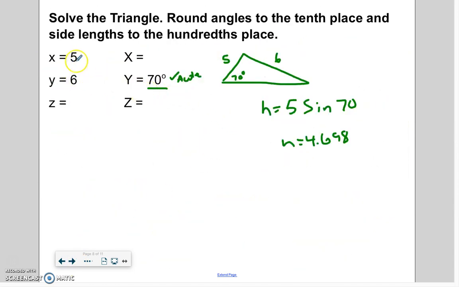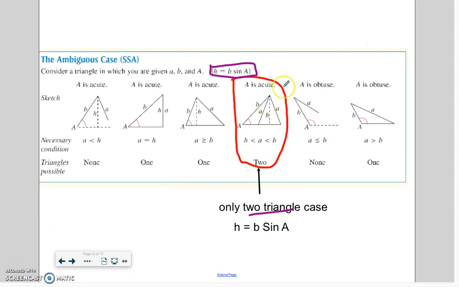So is the given value x, the side opposite, going to be my B value. Since B is not greater than A, I don't have two triangles.